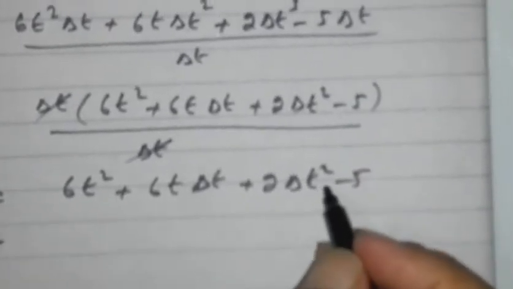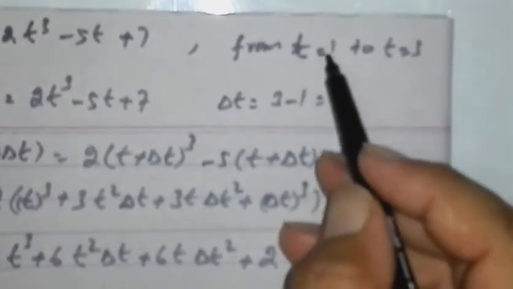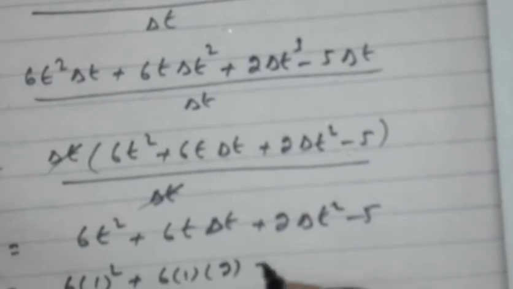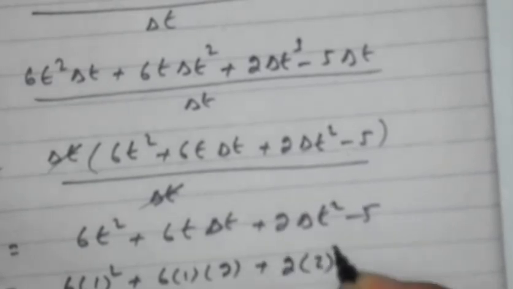Now put del t value, we have found it 2, and the t value put here 1. Look here, t value is 1 and del t value is 2. So we can write it as 6 into 1 square plus 6 into 1 into 2 plus 2 into 2 square minus 5.